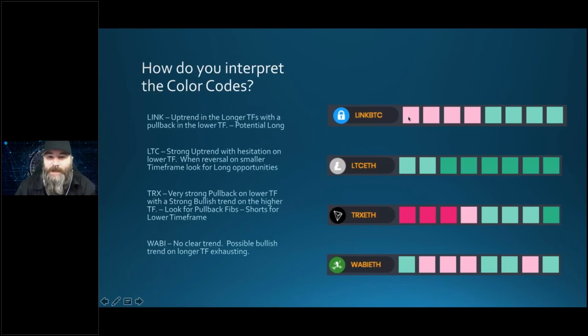For me, a 4x4 light is 4 pink, 4 green, all light in color. This gives an indication of a possible pullback. In the higher time frames, the 4, the 6, the 12, and the daily, you're still sideways with a bullish tone, but in the lower time frames, 5-minute, 15-minute, 30-minute, and an hour, you're looking at a pullback.